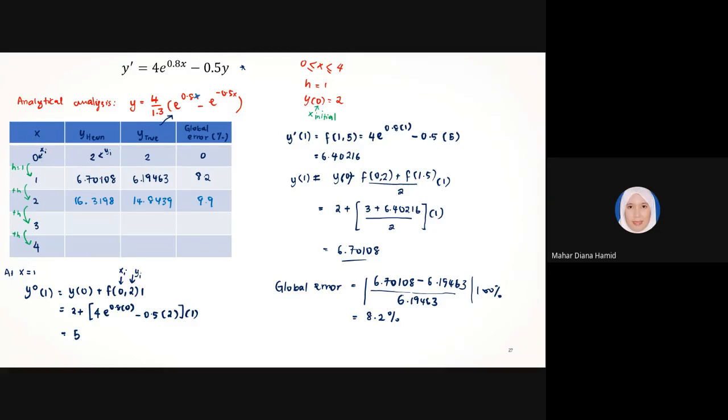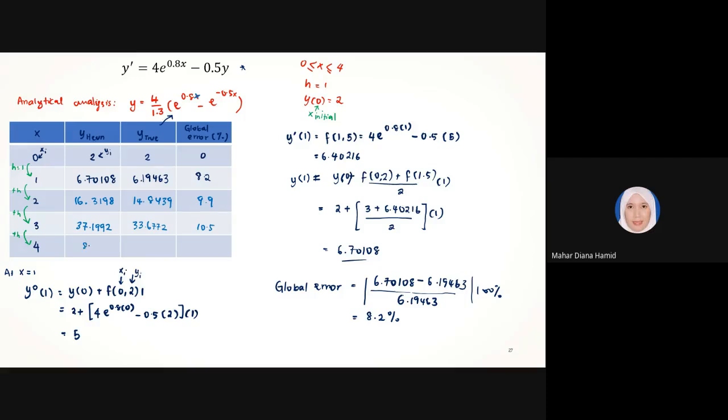Now I will put up the answer so you can check whether you got the correct answer or not. So at 3, Heun's is 37.1992, true is 6772, where the global error is 10.5.